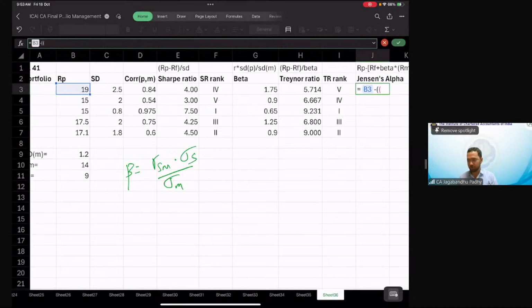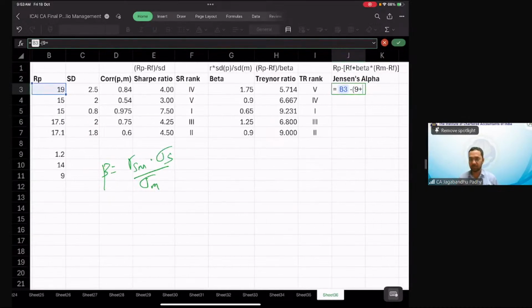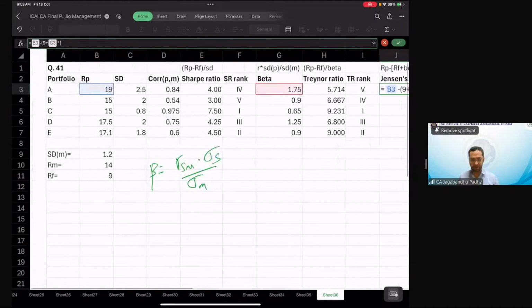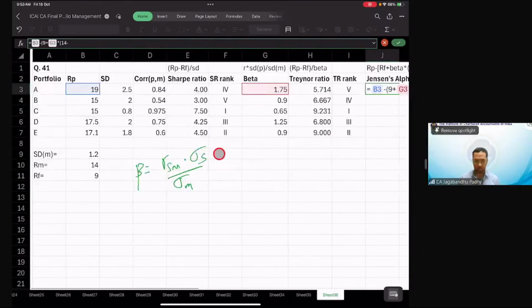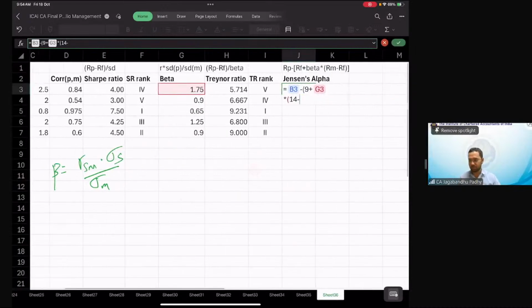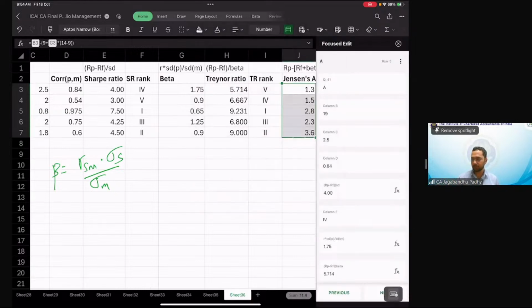From that, we are going to subtract the risk-free rate, which is given as 9, plus beta of 1.75 multiplied by market return of 14 minus the risk-free rate. The risk-free rate is again 9%. So risk-free rate is minus 9. That gives us 1.25.